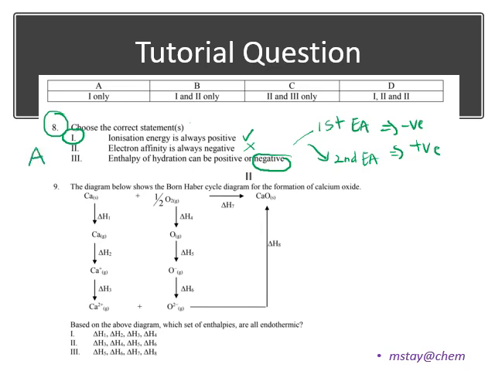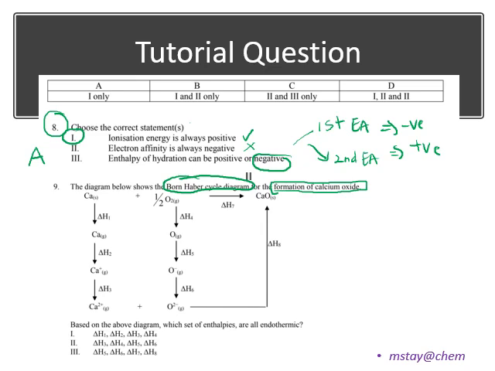Question number 9, the diagram below shows the Born-Haber cycle for the formation of calcium oxide. Born-Haber cycle is in topic 2.4, however, based on the definitions that we learned, we identify the type of enthalpy first.